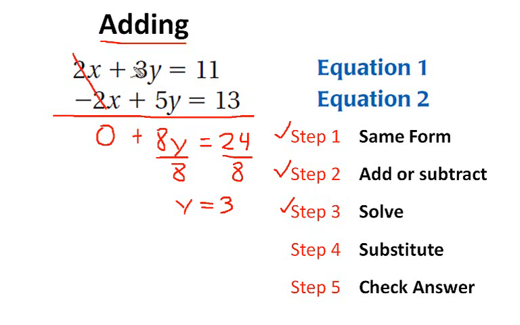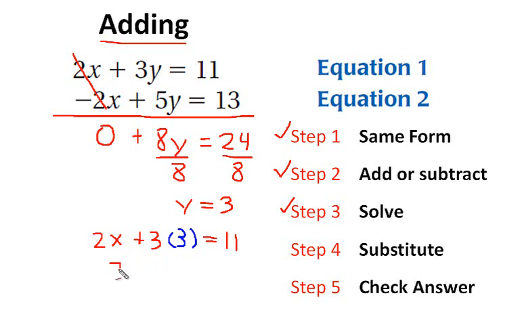So let's plug it back into the top one. So we have 2x plus 3y. My y is 3. Equals 11. Alright, so now I'm going to solve this for x.